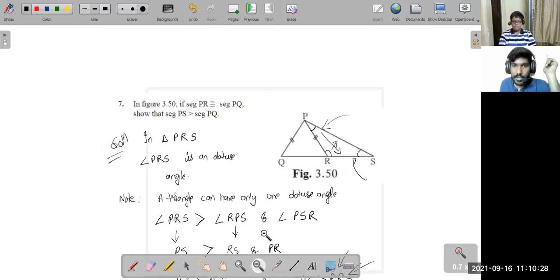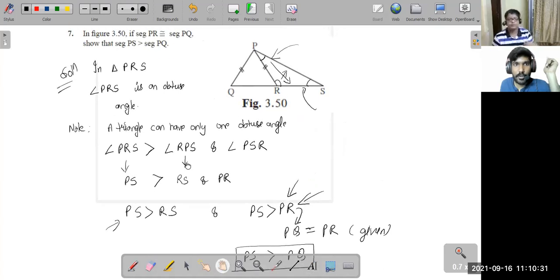Understood? Yes. Go through the sum from start to end.